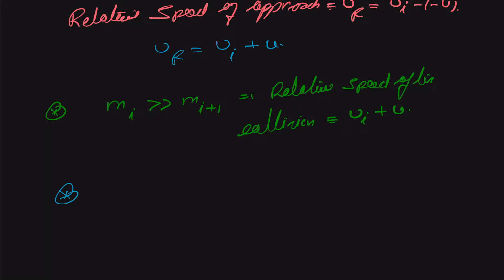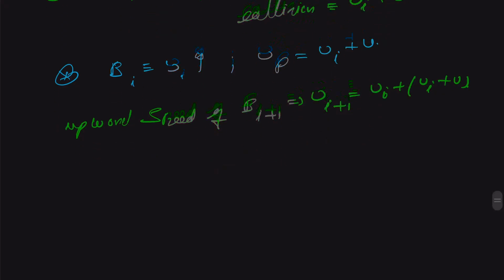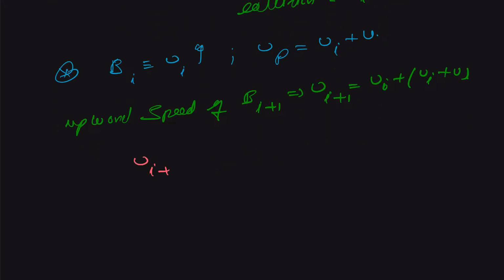Same method: we know that bi is moving upward with the velocity Vi, and the relative speed we just calculated is Vi plus V. Therefore the upward speed of bi plus 1, let's suppose that is Vi plus 1, will be equal to Vi plus V plus Vi, and this gives us that Vi plus 1 will be equal to twice Vi plus V.